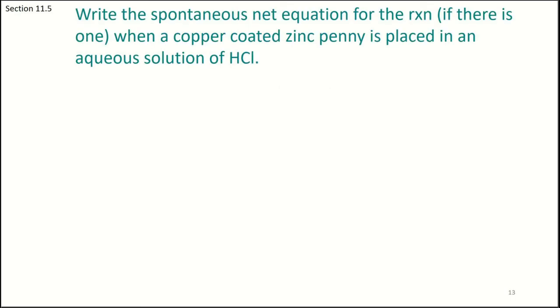So with the next example, write the spontaneous net equation for the reaction, if there is one, when a copper-coated zinc penny is placed in an aqueous solution of HCl. So we're told that we have copper solid that is coated with zinc, so we have copper solid and zinc solid, plus aqueous HCl.